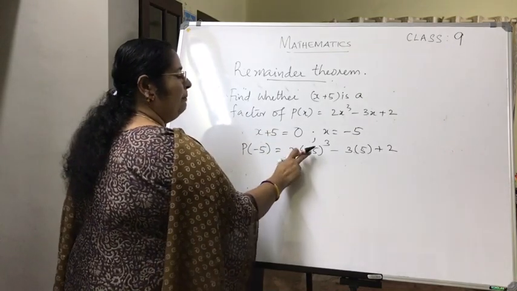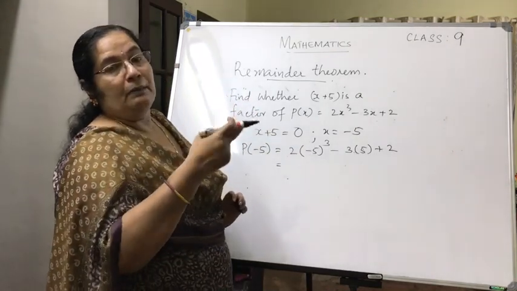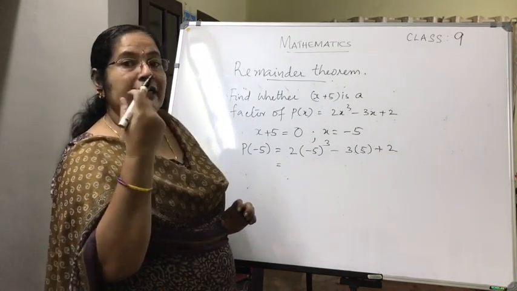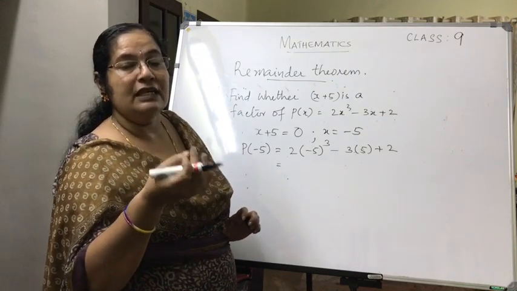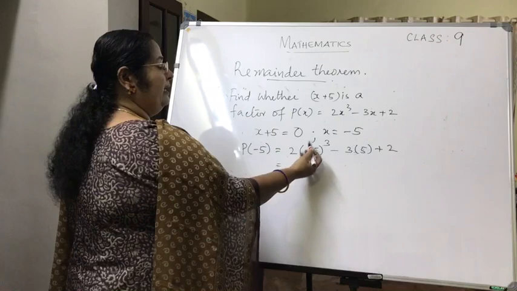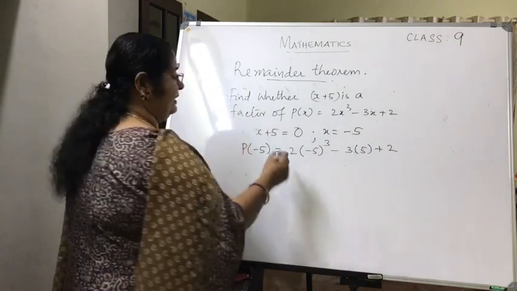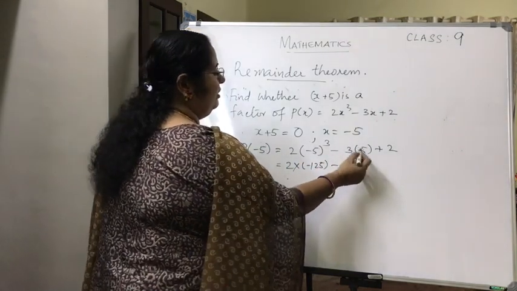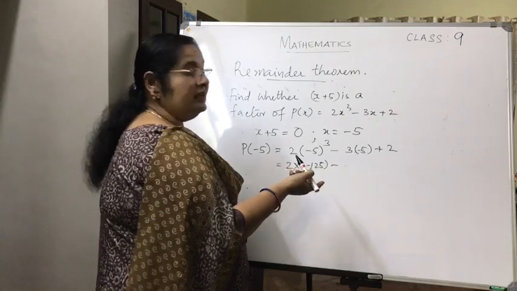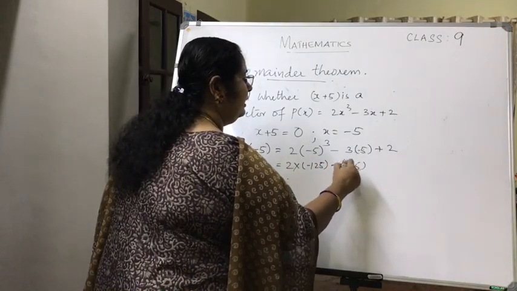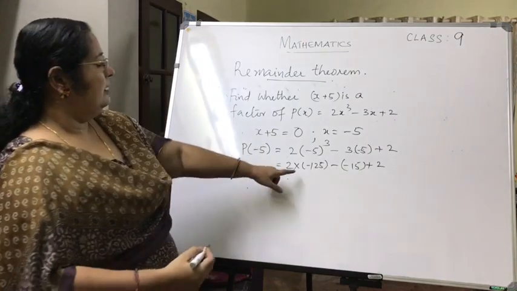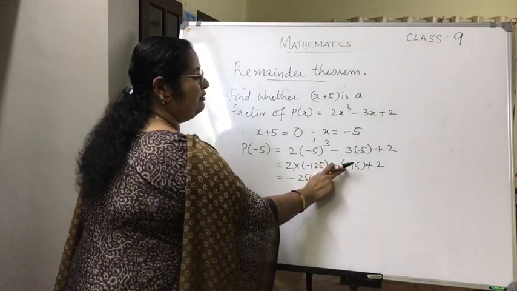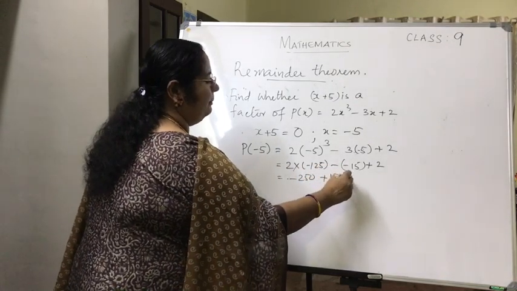Minus 5 the whole cube: when you cube it, it will still be a negative number. And 5 cube, 5 into 5 into 5, is 125. So this will be 2 into minus 125 minus 3 into minus 5. 3 into minus 5 is minus 15. So minus 125 into 2 will be minus 250, minus of minus 15 is plus 15, plus 2.